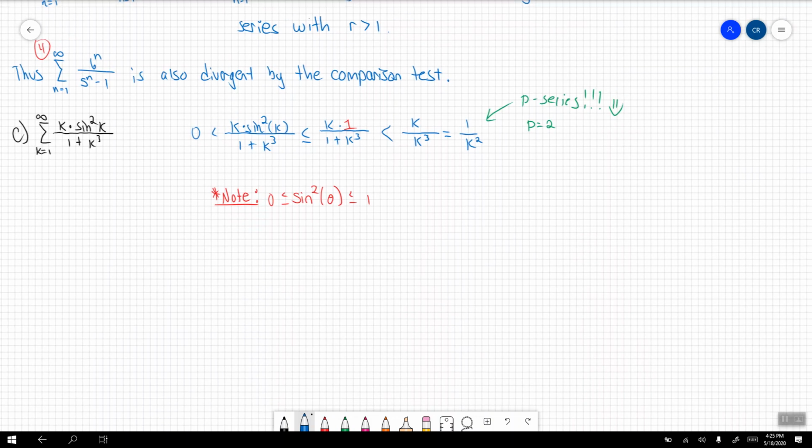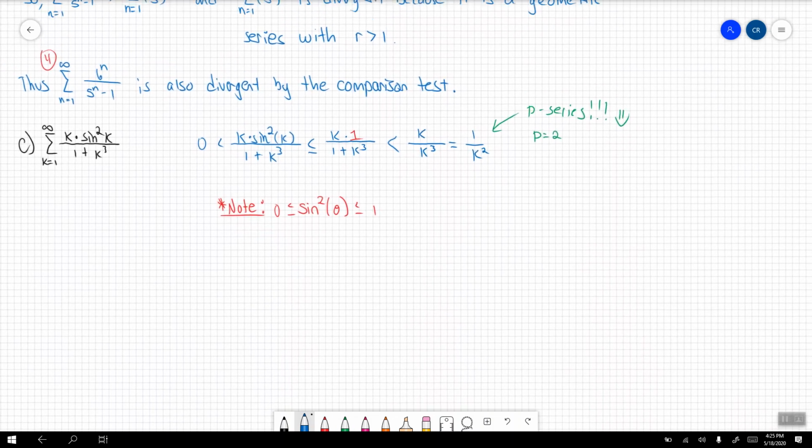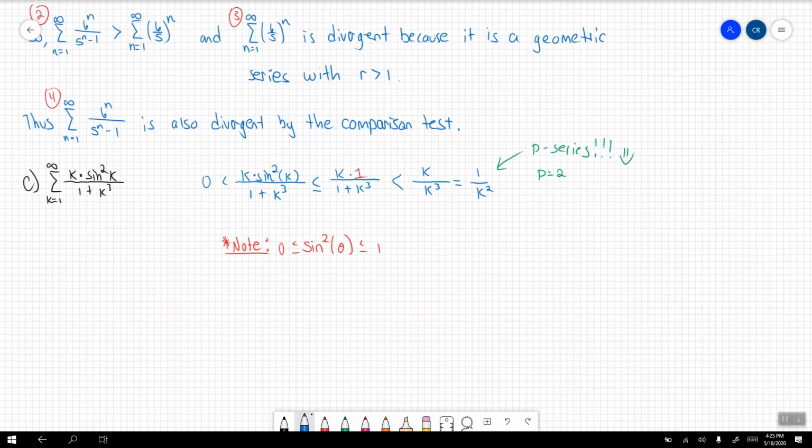All right, so we're now going to go through and we're going to start our write-up here. I'm going to say my initial series, for k is equal to 1, k times sine squared of k divided by 1 plus k cubed, is less than my function for k is equal to 1 for 1 over k squared.